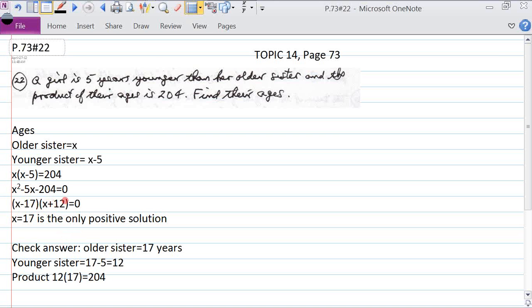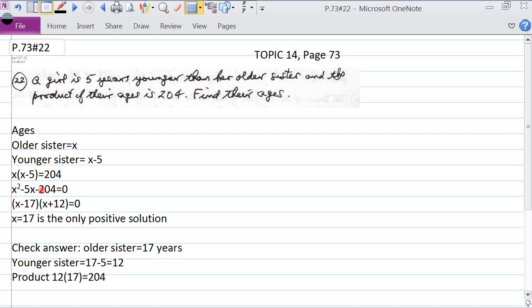Now, I agree with you that it's not easy to see the factors for this. It takes a little bit of time. But for example, you could say, well, what if I chose 4 and 51? 4 times 51 gives me 204. But there's no way I can combine 4 and 51 to give me minus 5x.